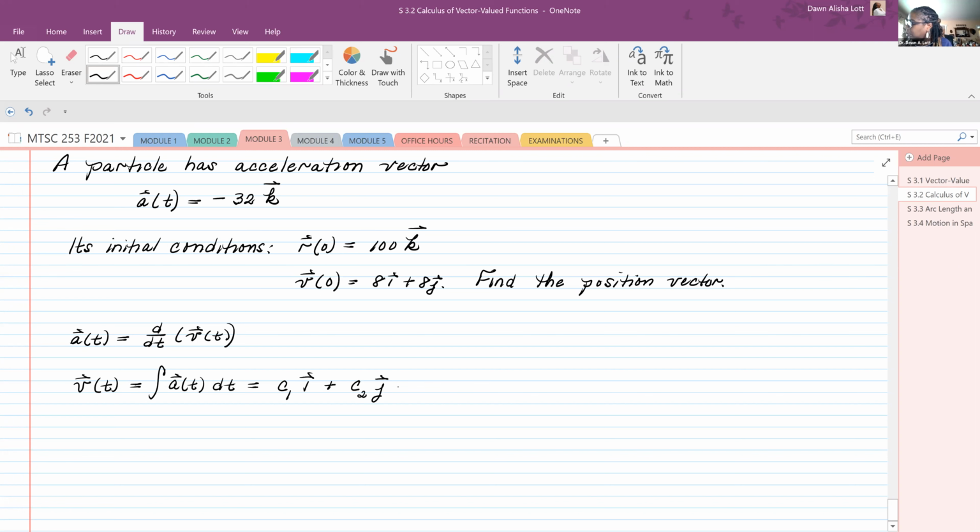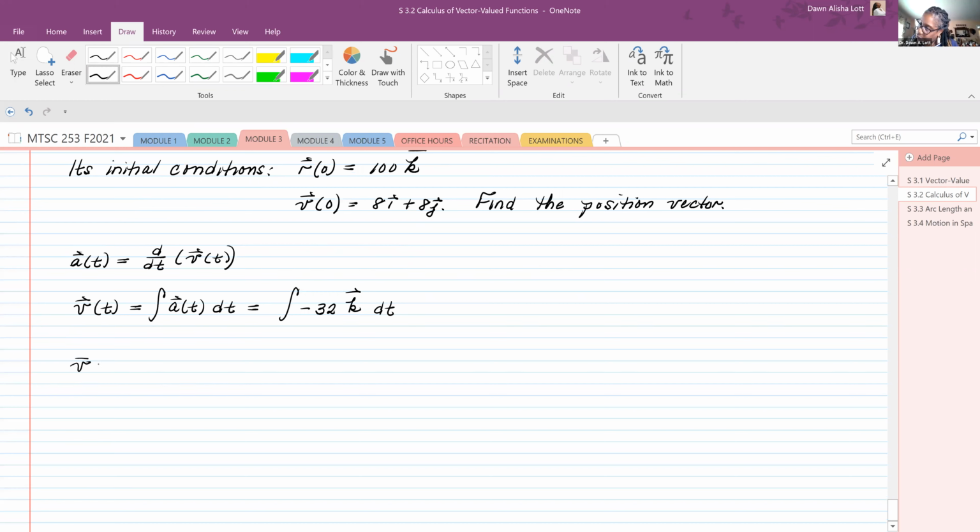This is the integral of negative 32k dt.